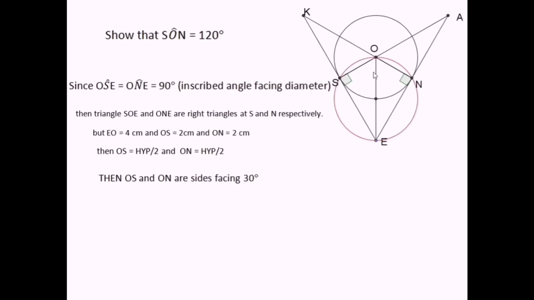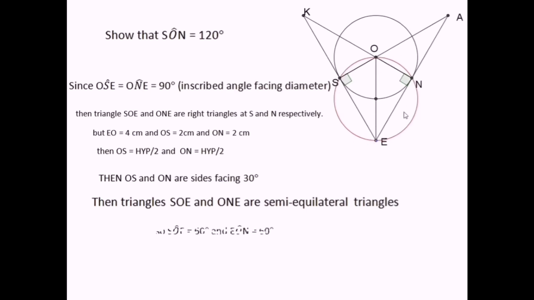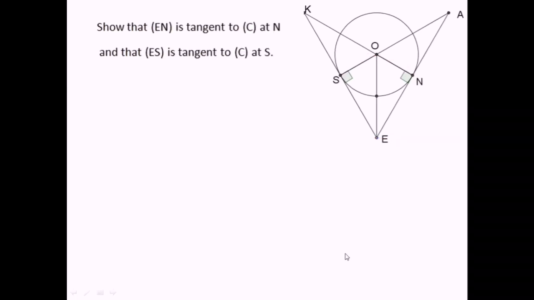Then OS and ON are sides facing 30. Then we can conclude that these two triangles, SOE and ONE, are semi-equilateral. So we got a 60 degrees here, SOE equals 60 and EON equals 60. We can add up in order to get SON. So SON will be equal to 60 plus 60, which is 120.